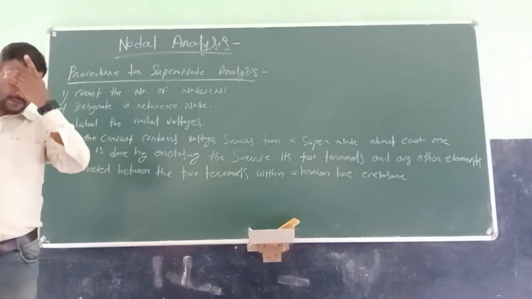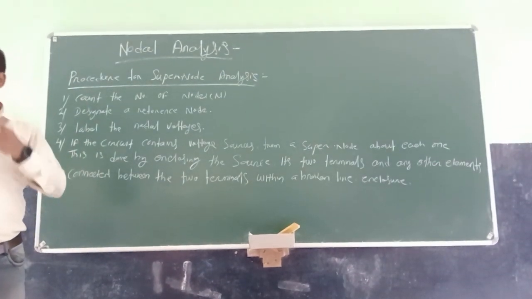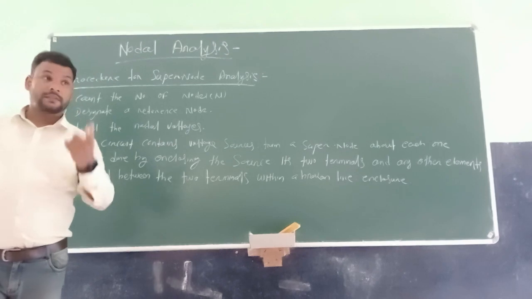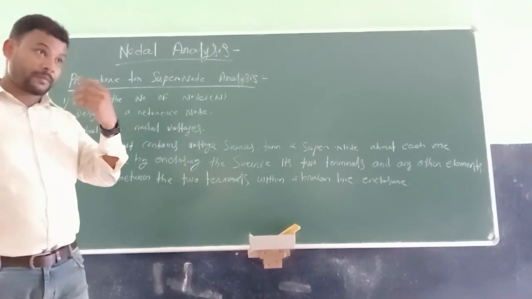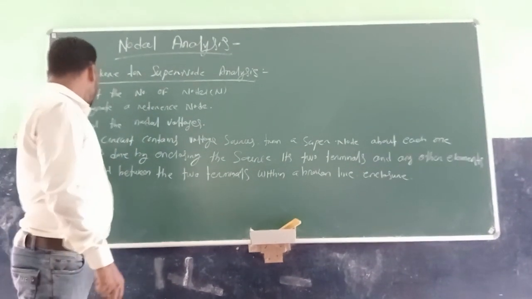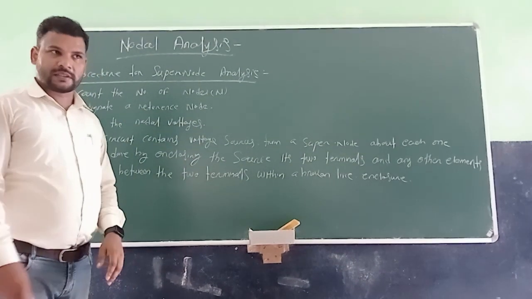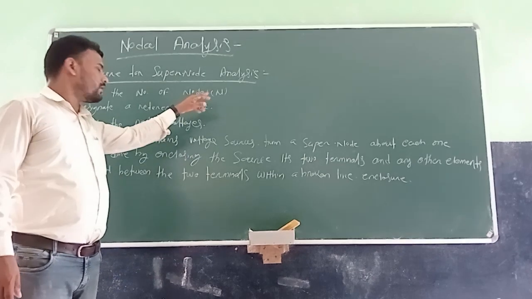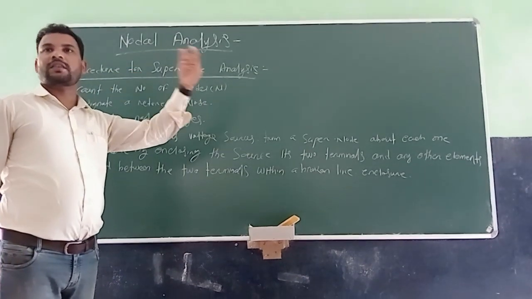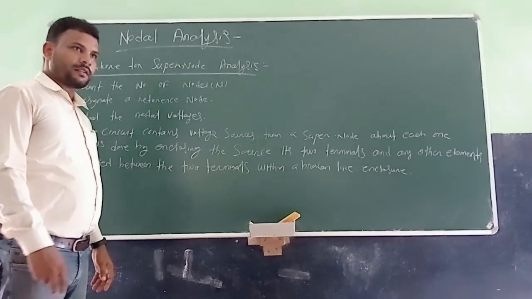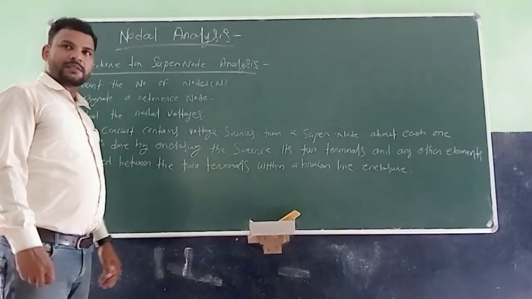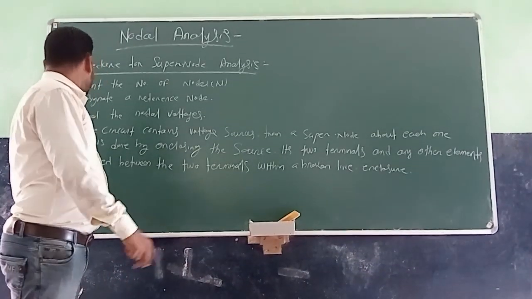That means the node which is connected to the maximum number of branches. The node that is connected to the maximum number of branches is known as the reference node. Third one, label the non-reference nodal voltages. If the number of nodes is n, the non-reference nodal voltages are n minus 1. Non-reference nodal voltages V1, V2 up to Vn will be labeled.